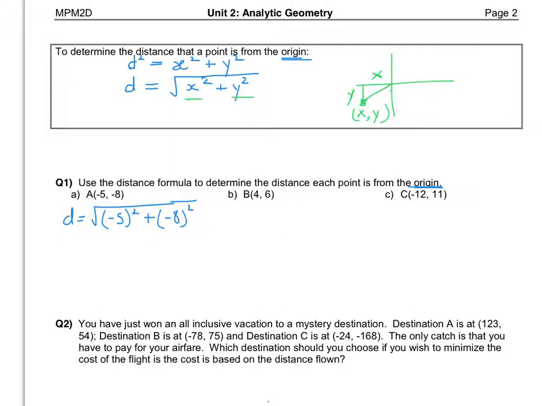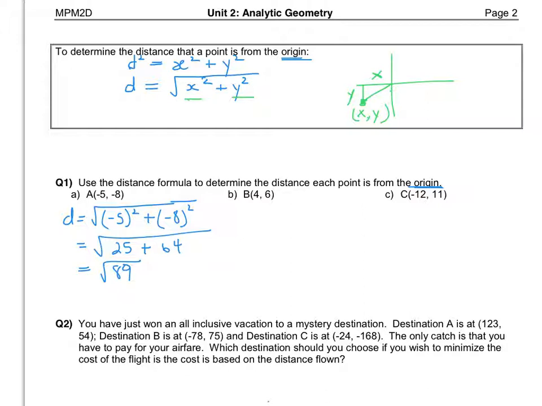It's a fall by 8. Okay, and then we just do the calculation. -5 squared is 25. -8 squared will be 64. Add those two things together, we're going to get 89.